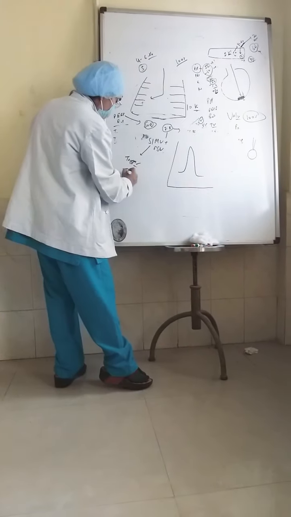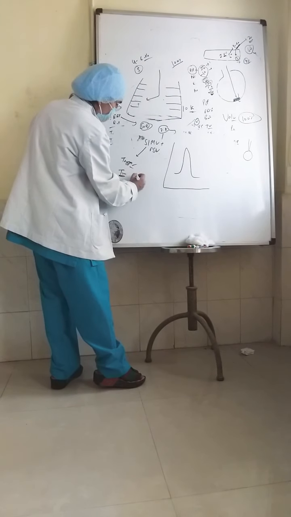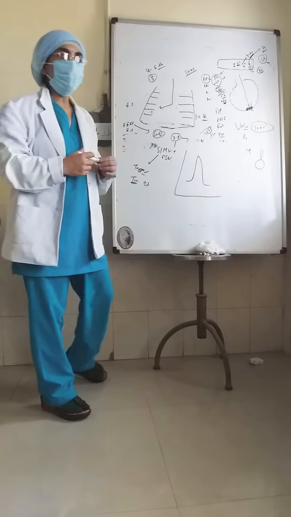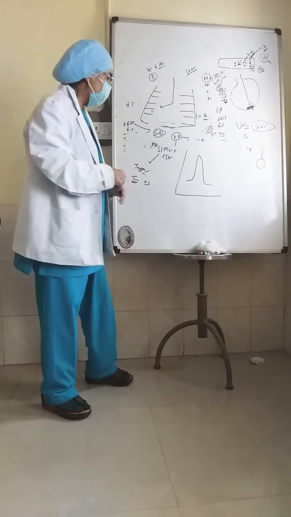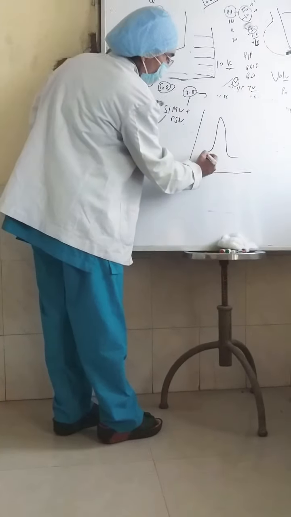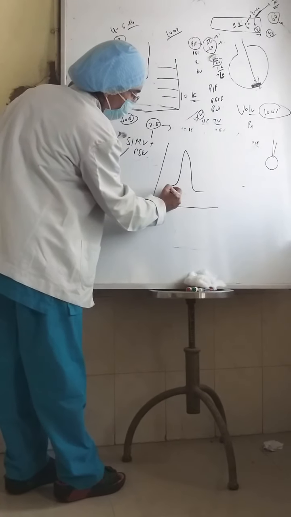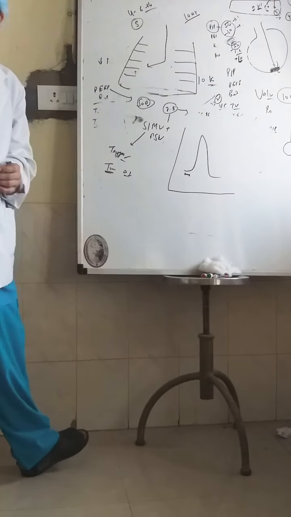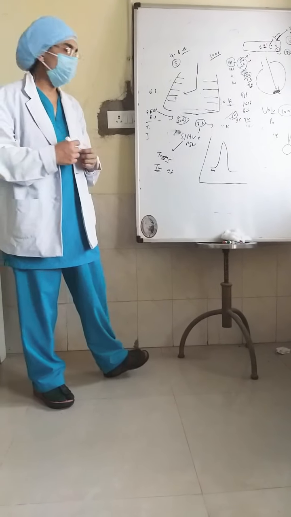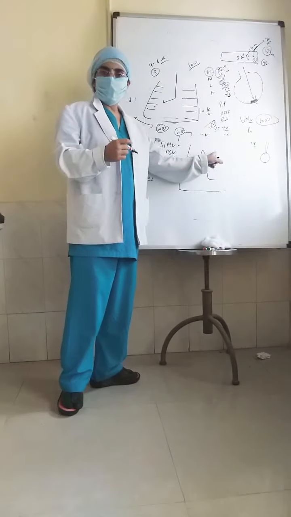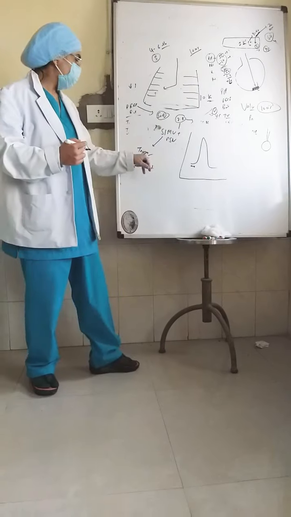There can be time triggering. Time triggering means you can put a trigger of time. You can put a time trigger of 0.1 or 0.2 seconds, which means the ventilator is going to wait for 0.1 to 0.2 seconds. If the patient does not initiate breathing, the ventilator is going to deliver its breath. So this is called triggering.